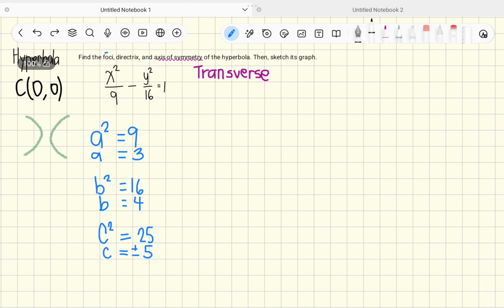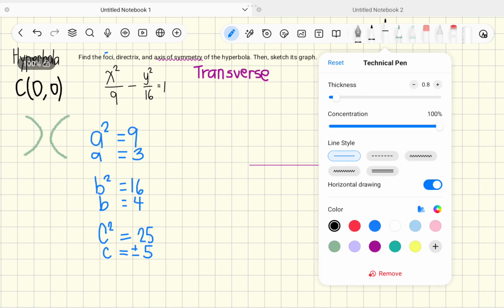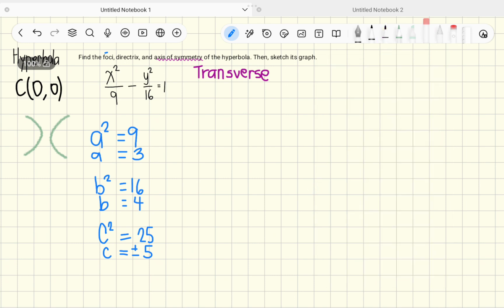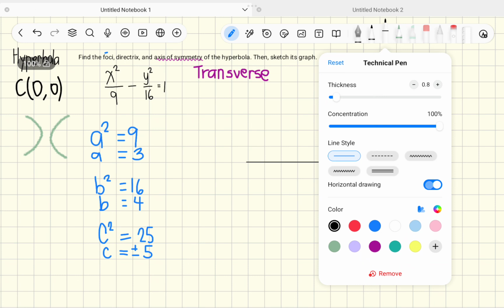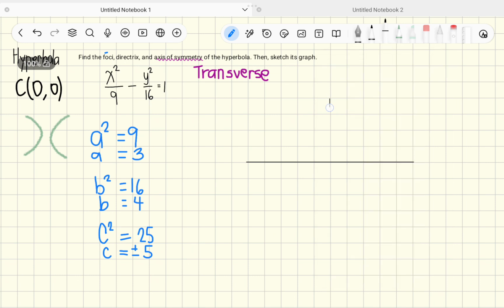So if this is your Cartesian plane, let me choose black. Sorry, late realization. This is your x-axis and this is your y-axis.